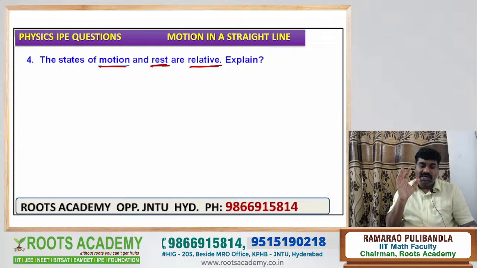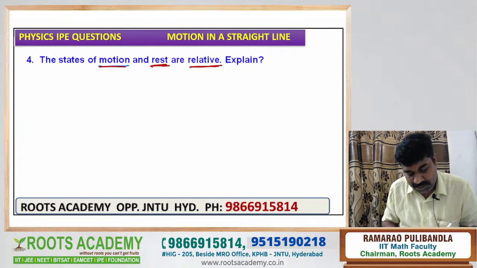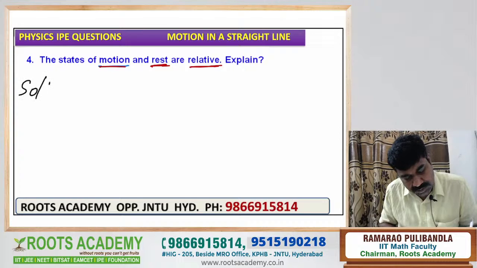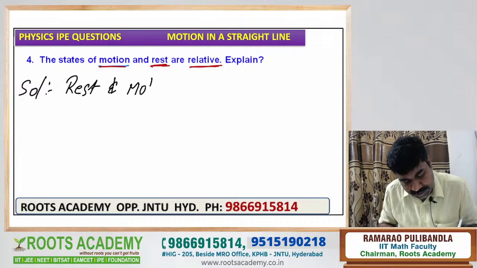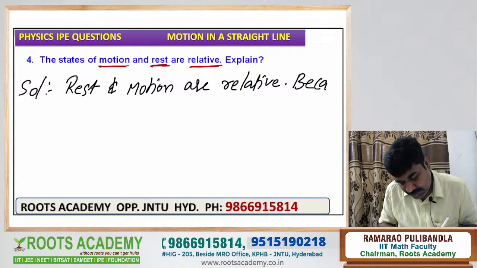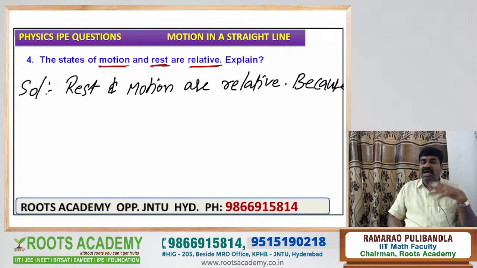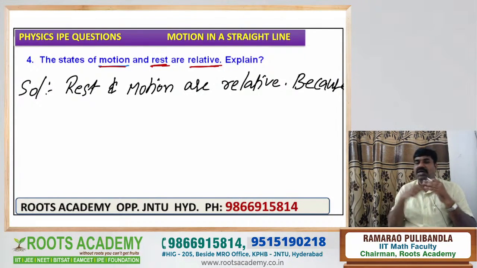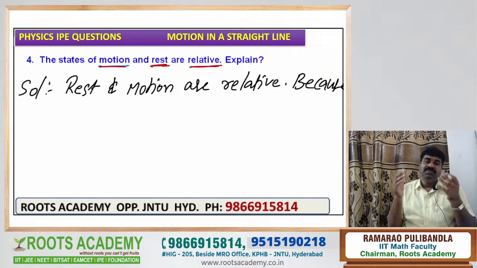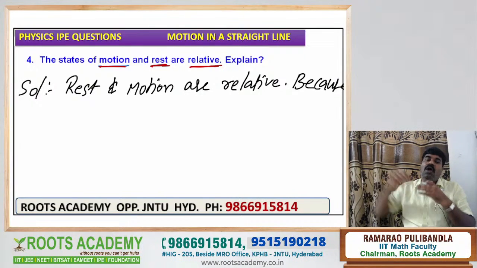Here, rest and motion are related, explain. Rest and motion are relative because, for example, when we are moving in a bus, we are at rest position with respect to the co-passenger, but we are in motion with respect to the person outside the bus.